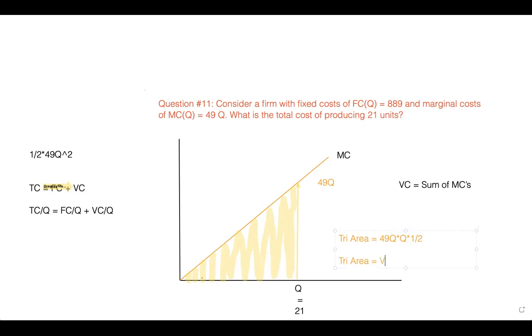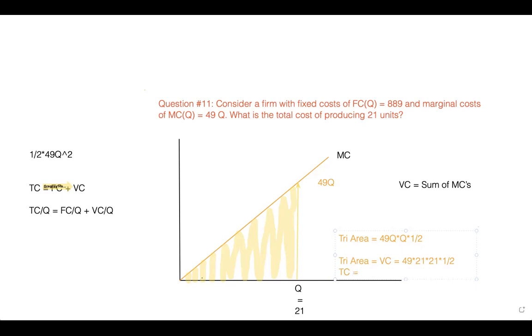Our variable cost is going to be 49 times 21 times 21 times 1/2. So what do you all get for that? I got 10,804.5. Okay, yeah, that's the same.